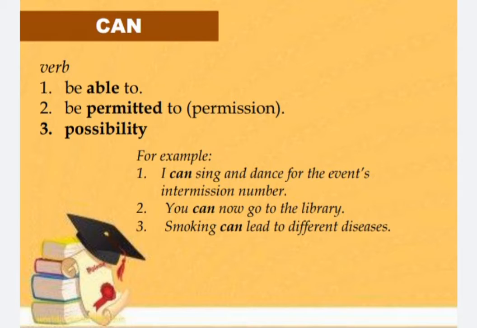As you can see, the modal can here is permitting the subject to go now to the library. And for number three, smoking can lead to different diseases. The word can here indicates that there is a possibility that smoking might or can lead to different diseases.